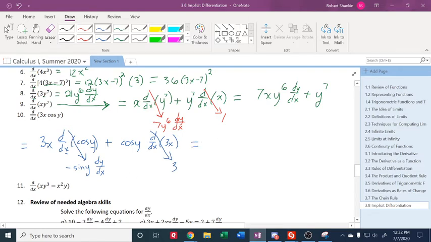So this first one is going to have a negative 3x sine y dy dx plus 3 cosine y.